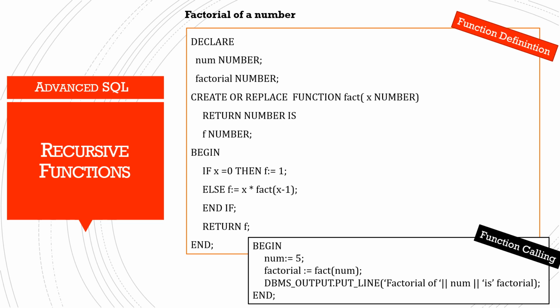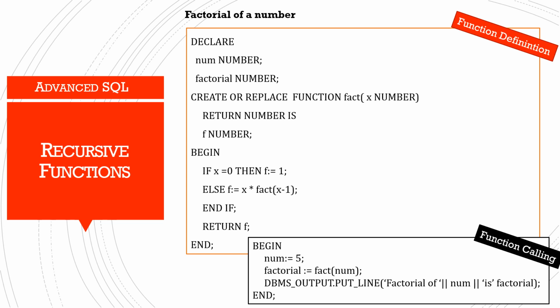Then in the function call, look at that, we are passing the value num is equal to 5. Then the variable factorial is equal to fact of num. Fact is the function name. To call a function, we have to specify the function name, and in brackets the parameter list. Here we have only one parameter, x.